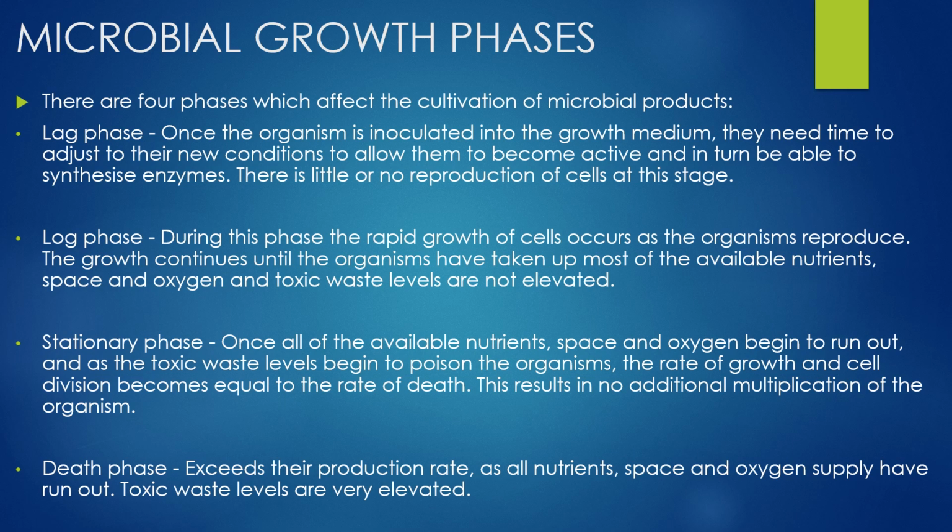The stationary phase is when all the available nutrients, space, and oxygen begin to run out, and as the toxic waste levels begin to poison the organisms, the rate of growth and cell division becomes equal to the death rate. This results in no additional multiplication of the organism. In the death phase, the death rate exceeds the production rate as all nutrients, space, and oxygen supply have run out. The toxic waste levels are very elevated here.